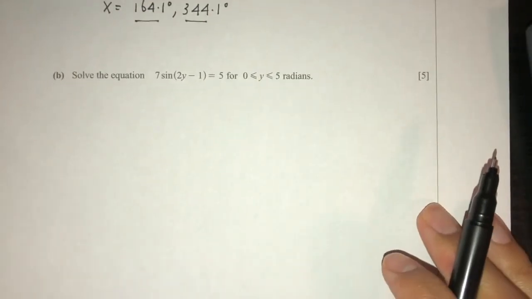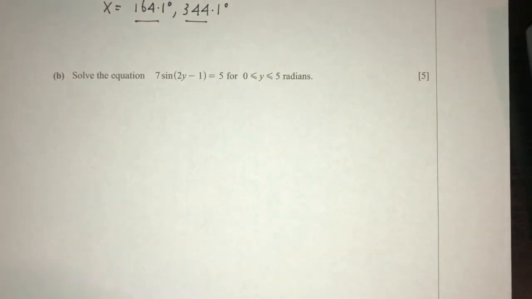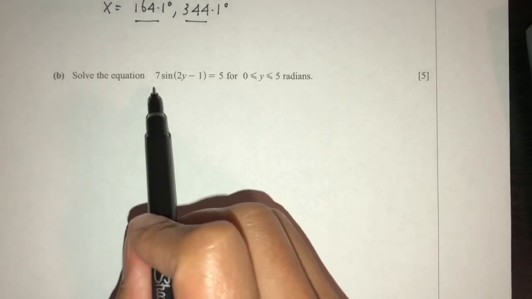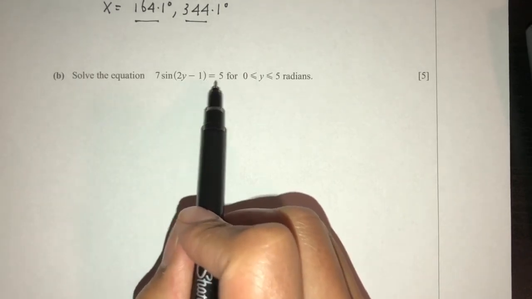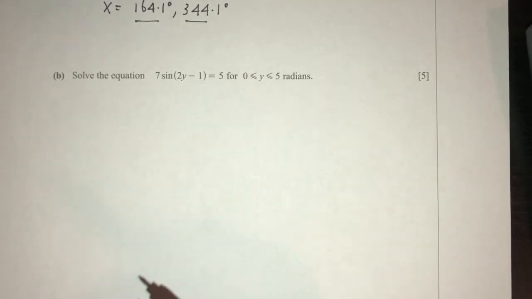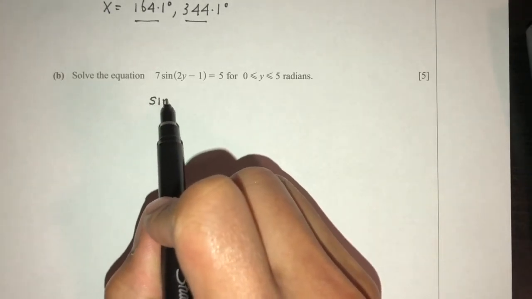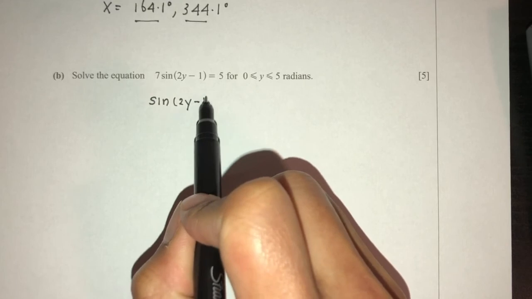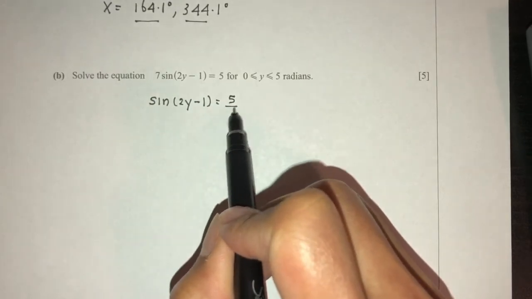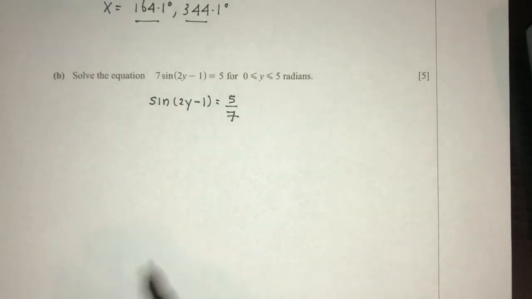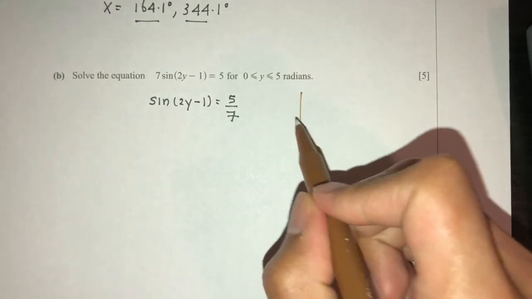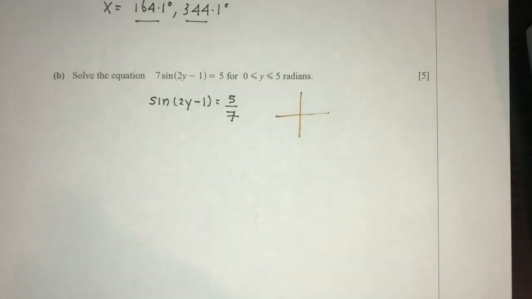Now for part B, we have to solve this equation. Here we have 7 sine of 2y minus 1 equal to 5. The first step is to make sine the subject of the formula. So you have sine of 2y minus 1 equal to 5 over 7. Now this one is positive, so we have to look at our quadrants to know where this sine value is.